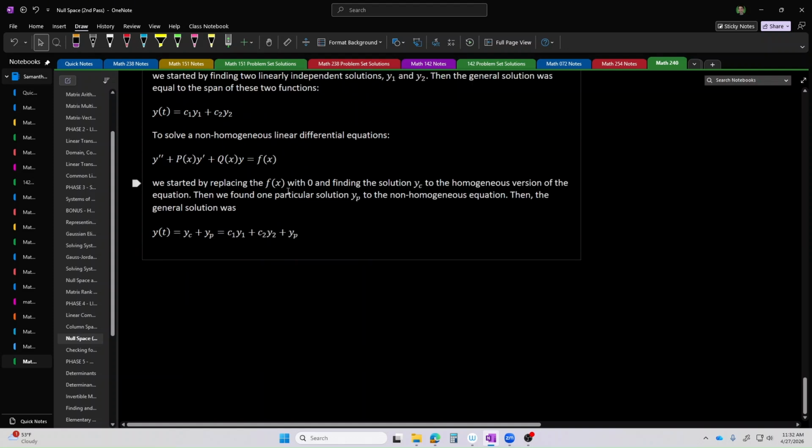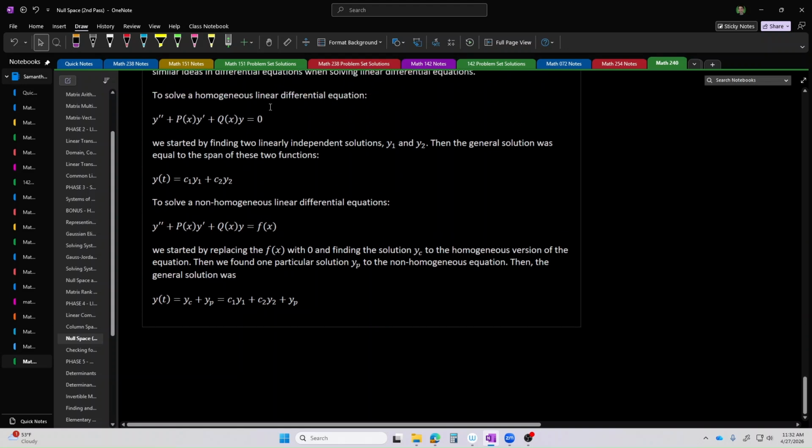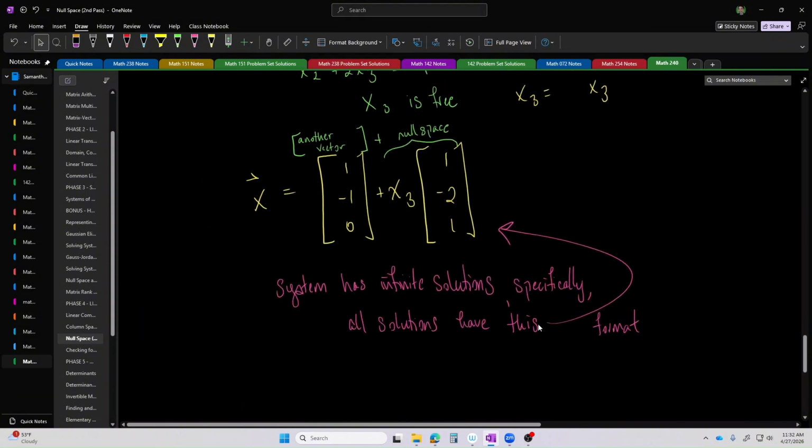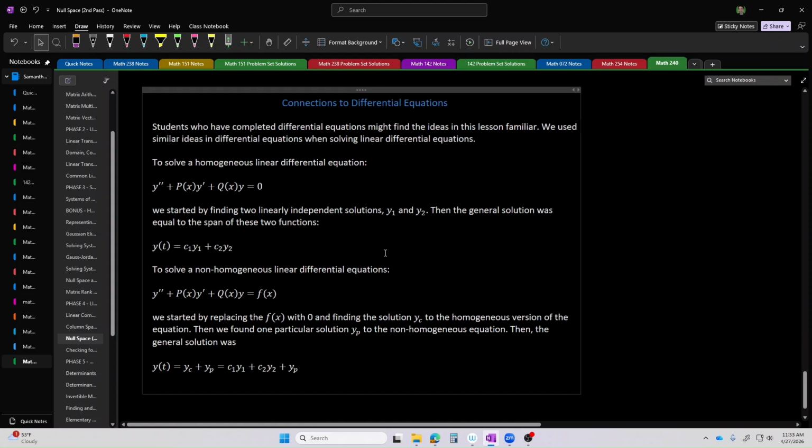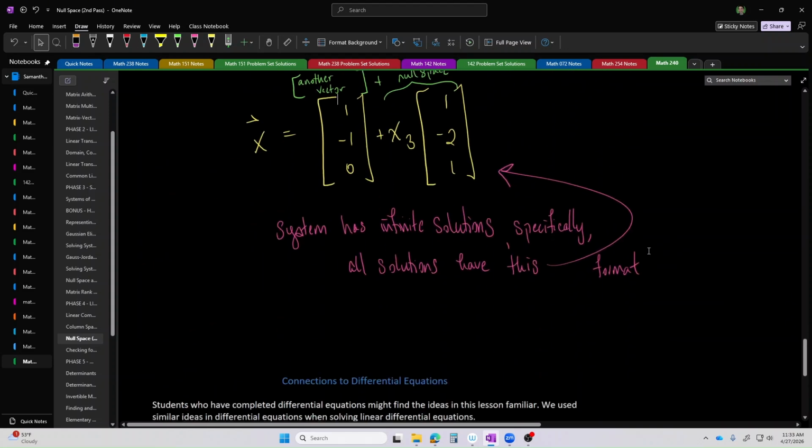In particular, you find that the solution had the format of: solve the equation with the 0 on the right side and then add one extra solution to it. So this formation that we're seeing up here, null space plus one other vector, is exactly the same formation when working on linear differential equations in a differential equations class.